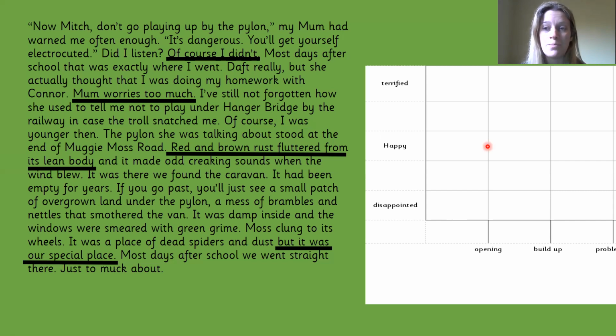But because he said, but it was our special place, that tells us that even though it's awful and it's not very nice, they really like going there. So even though the author described it as not being very nice to go to, we've got the idea that actually they really like going to that place.